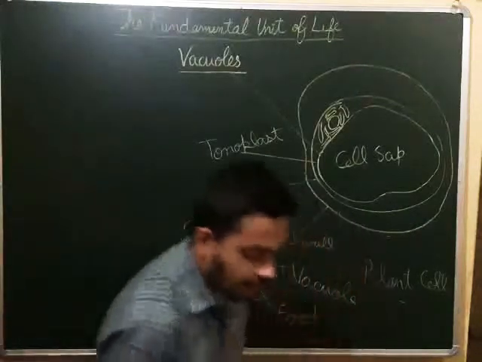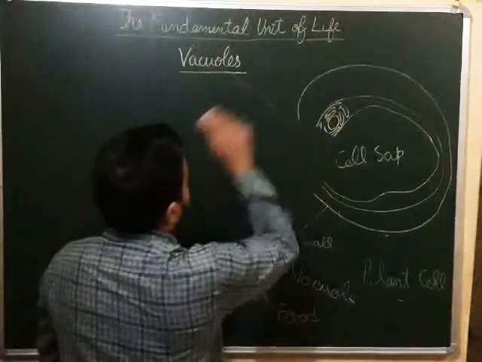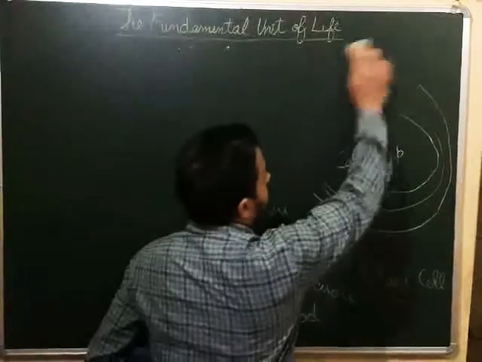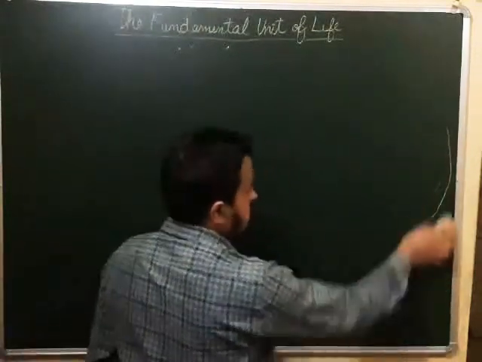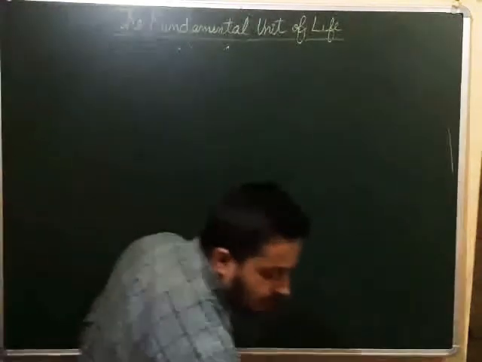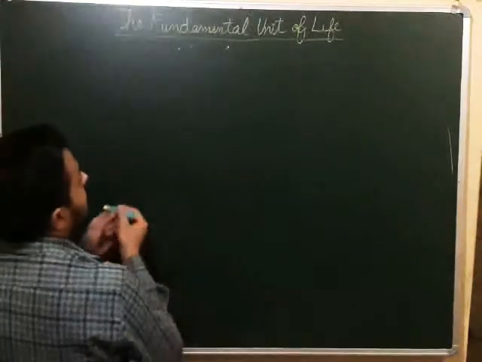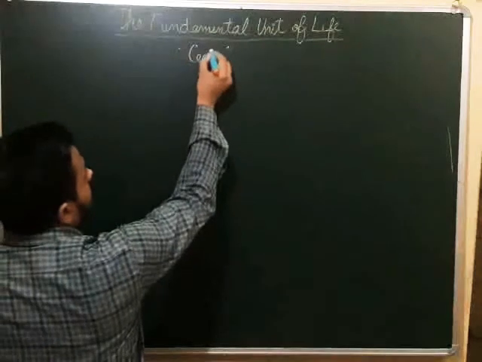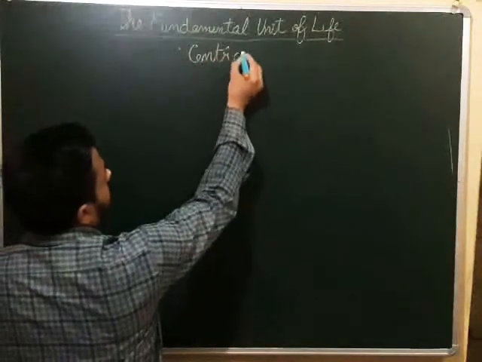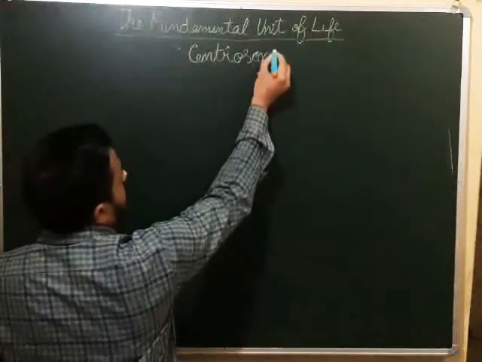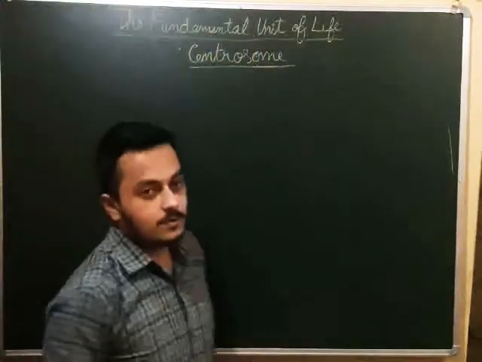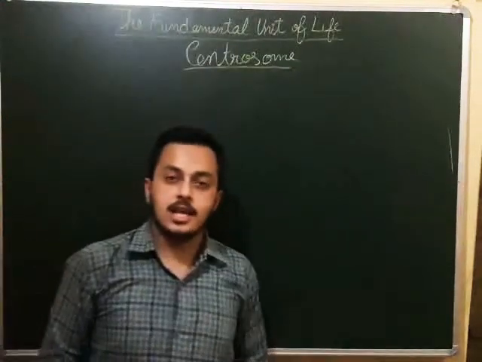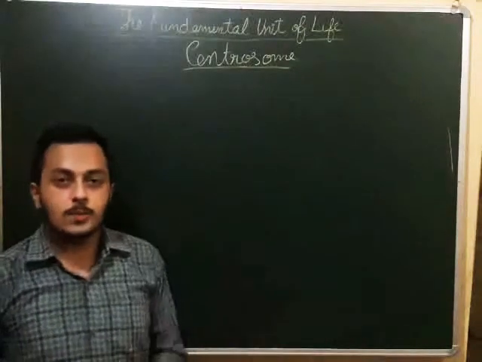The next topic is a very interesting topic, the centrosome. This topic is not provided in many books, but we have to read about it. In the animal cell, there lies the centrosome.